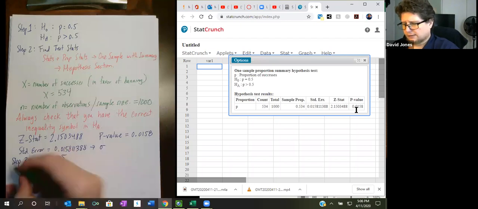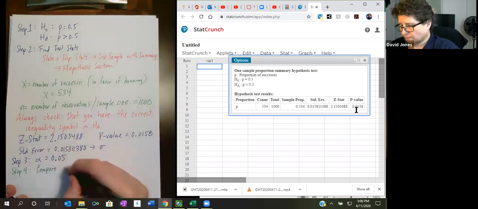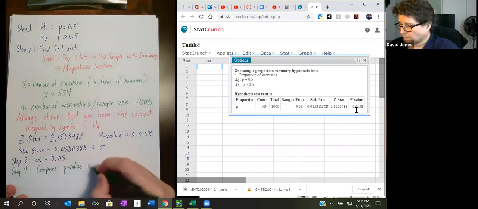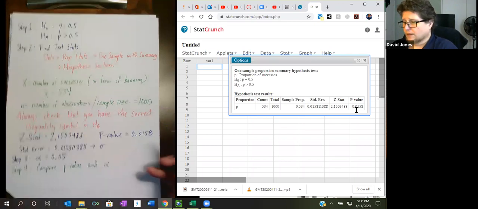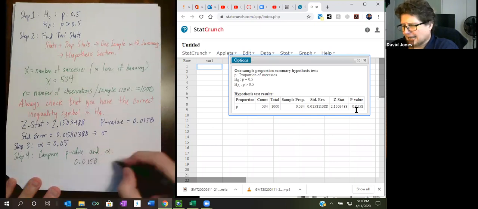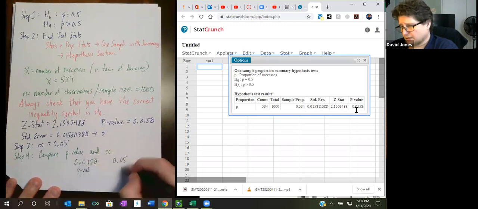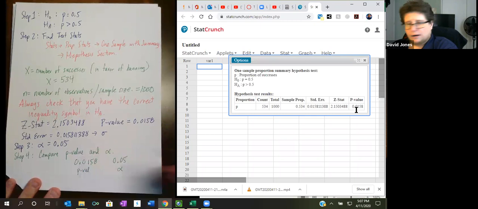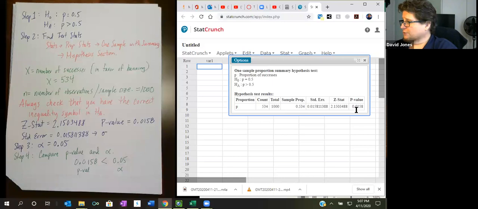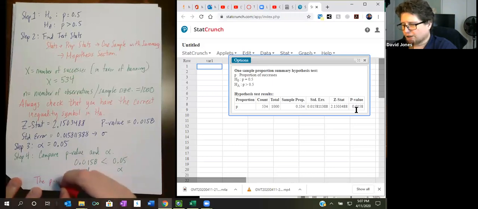Step 4, compare p-value and alpha. Our p-value is 0.0158. How does that compare to 0.05? 0.0158 is less than 0.05. The p-value is too low, we reject H0.